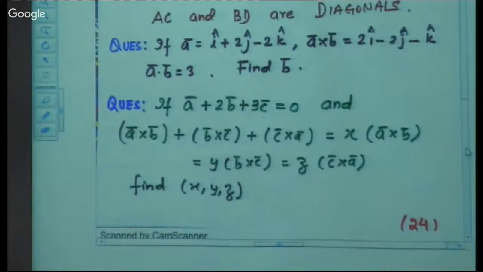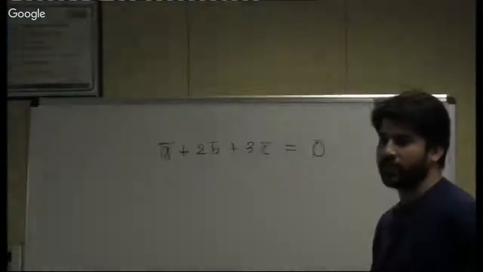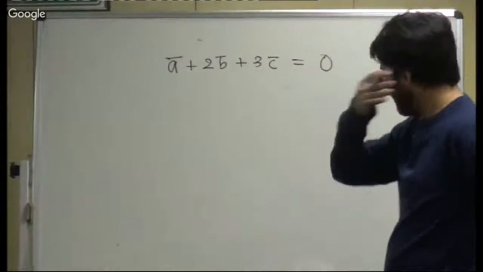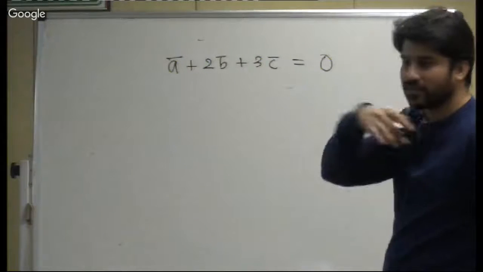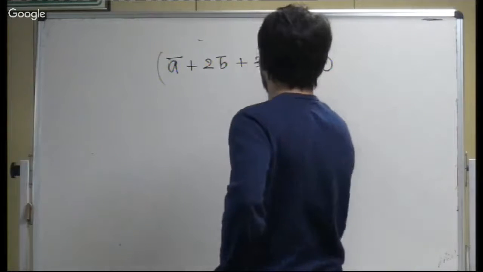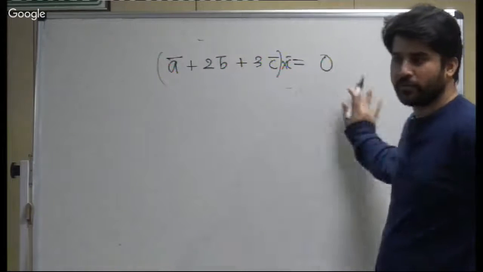See, the only equation which will help me is A plus 2B plus 3C is equal to 0. If I take the whole thing with a cross C, I can take 0 cross C is equal to 0, so there will be no problem in the equation.